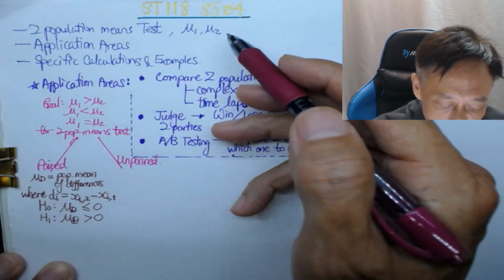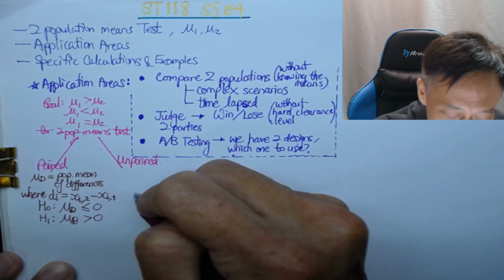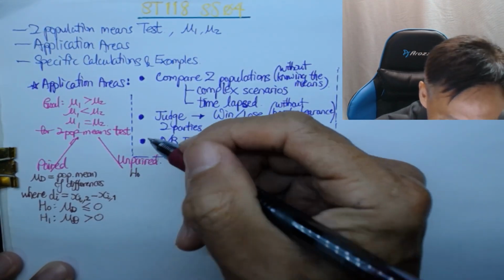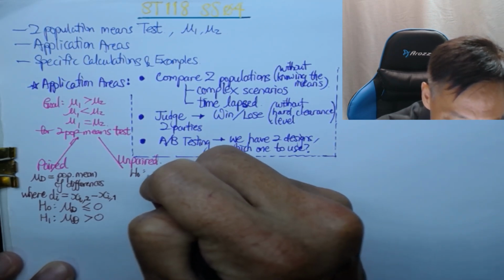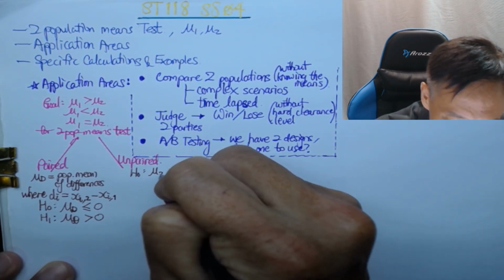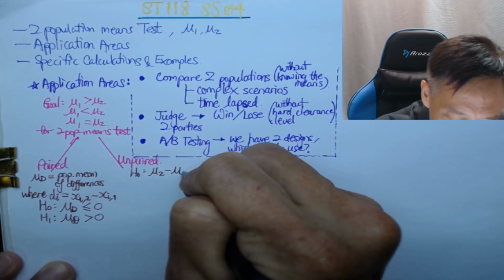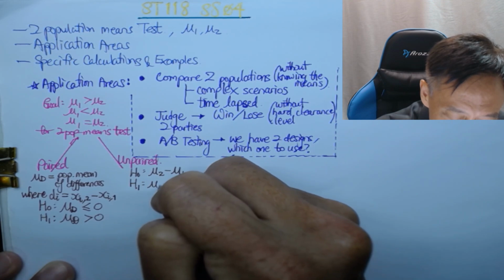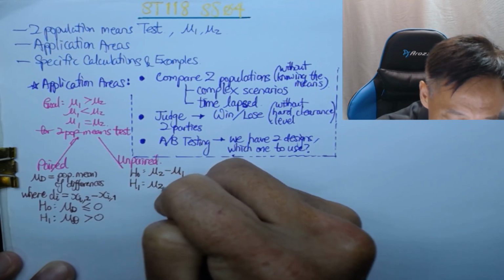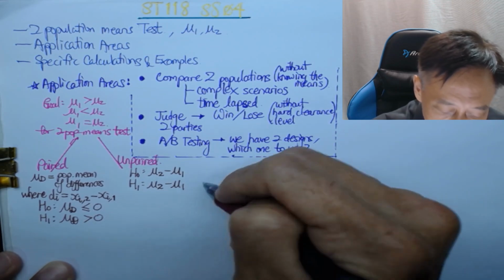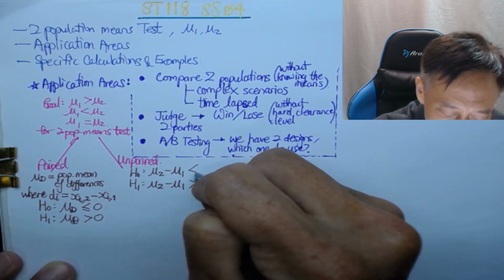So we have mu1 and mu2. And what we're going to do is to write down, for example, H naught: mu2 minus mu1, H1: mu2 minus mu1, let's just follow the same, greater than 0, less than or equal to 0.